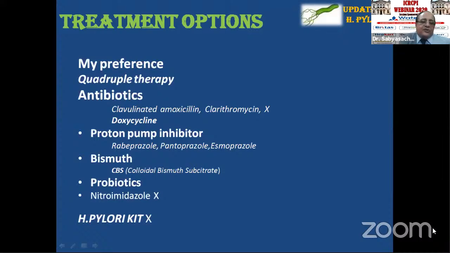I do not use nitroimidazole nowadays at all, unless it's necessary. The Helicobacter kit was in the market, and there was a surge in use where everybody started putting patients with any dyspepsia on an H. pylori kit. I certainly don't use it even in a proper patient, for 2 reasons.